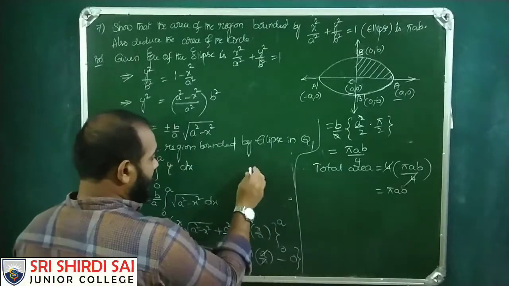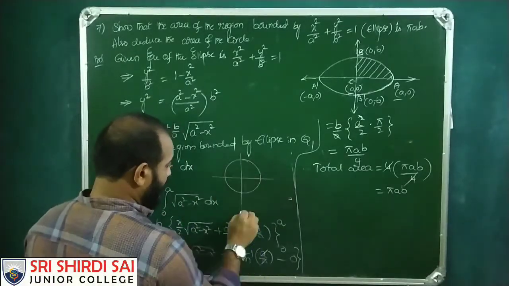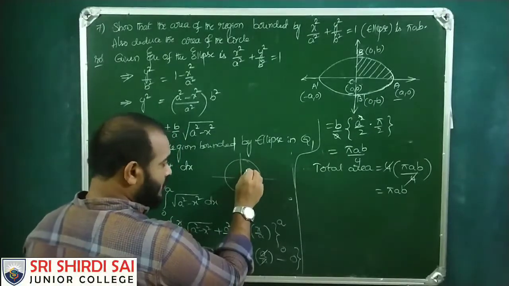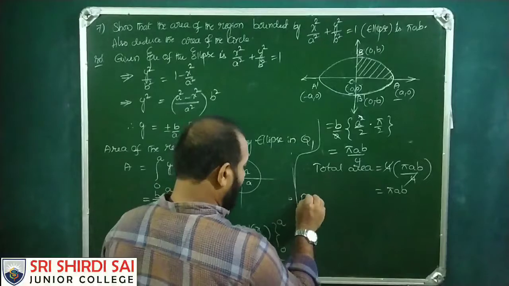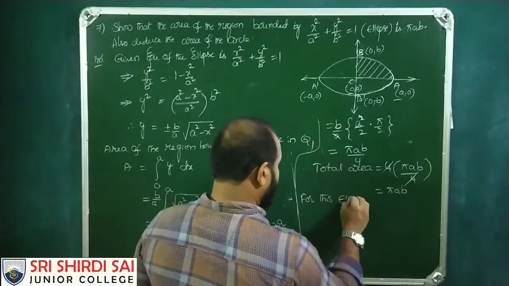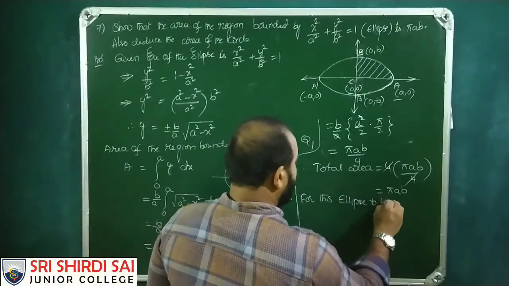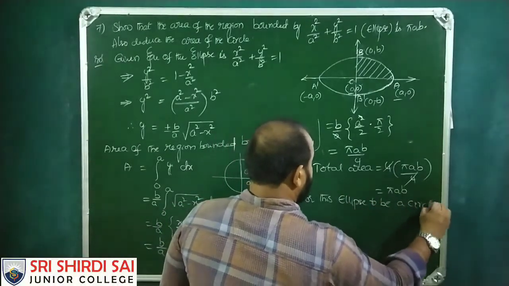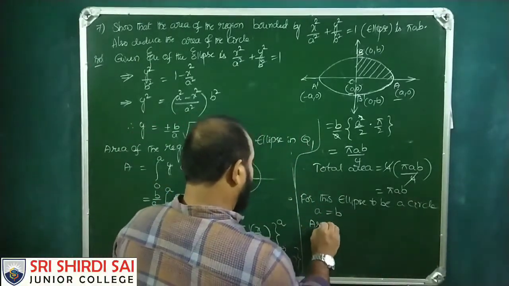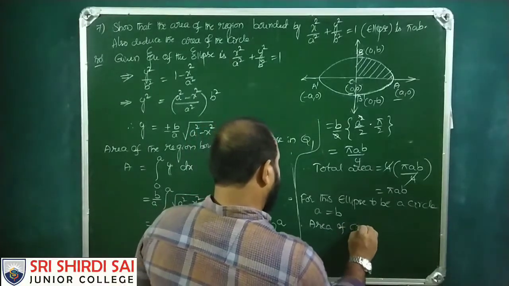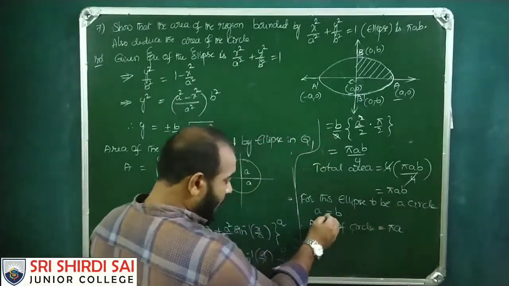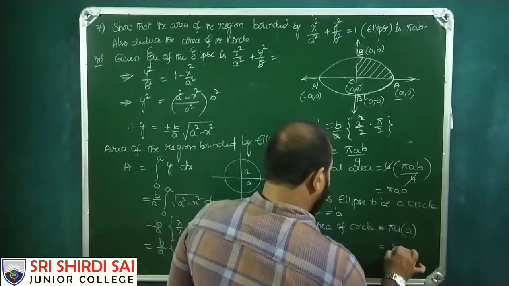That means this is A and this B is also A. So for this ellipse to be a circle, A is equal to B. Therefore the area of the circle is equal to pi A, B is also A, so pi A square.